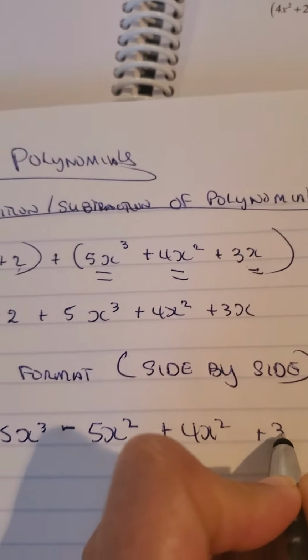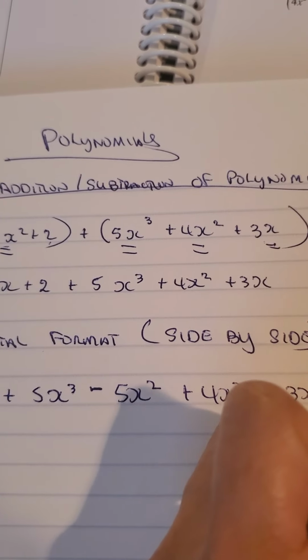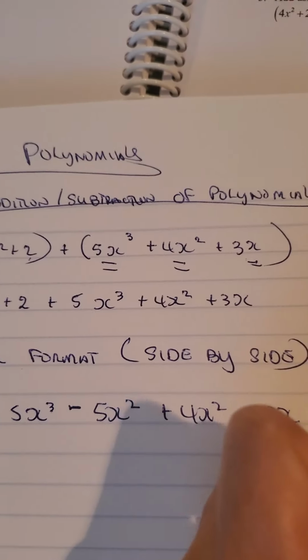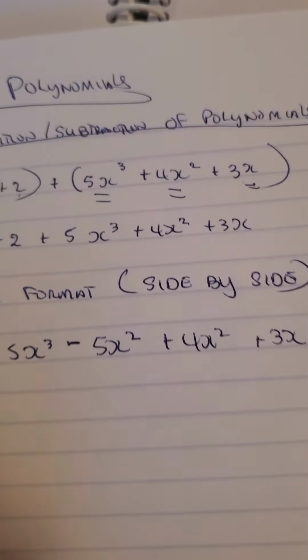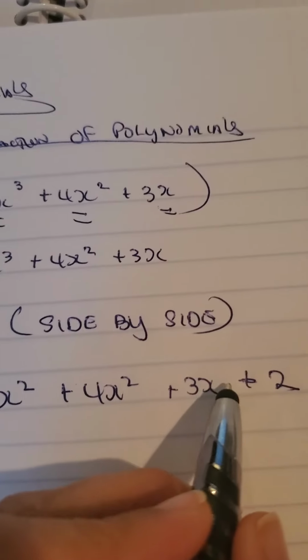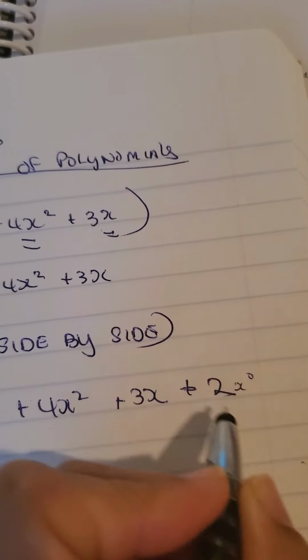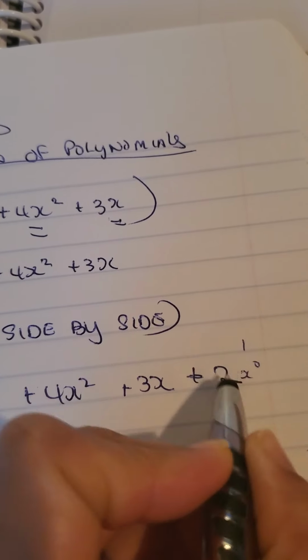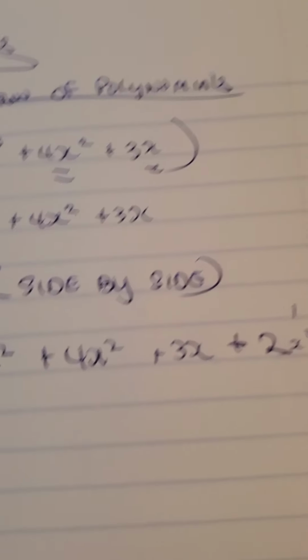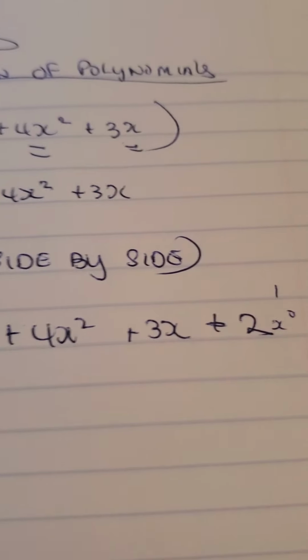So I'll do 3x plus the constant 2, which in actuality is x cubed, x squared, x to the first, and this is actually x to the 0, because anything to the 0 power is 1, and 2 times 1 is 2. All right, a little in-depthness for you.